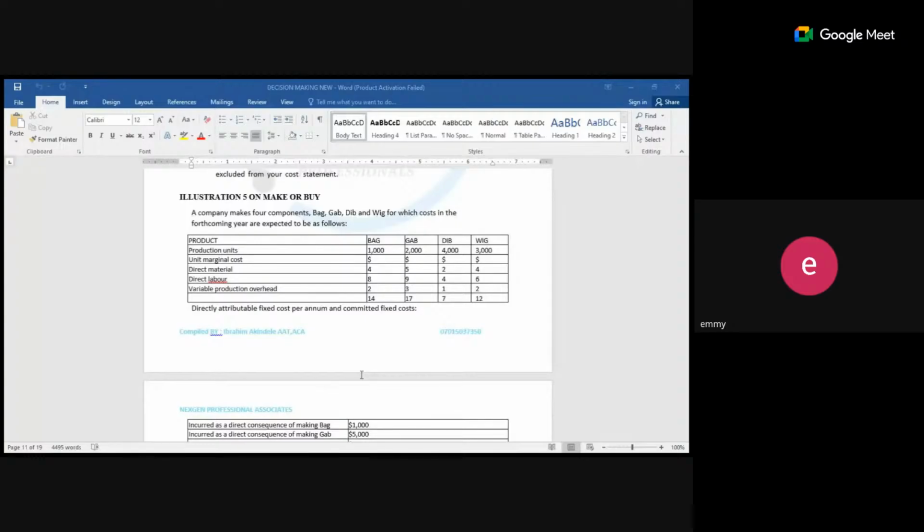If the relevant cost is less than the incremental income, you have to accept the project. But if the relevant cost is higher than the incremental income, we will reject the business.